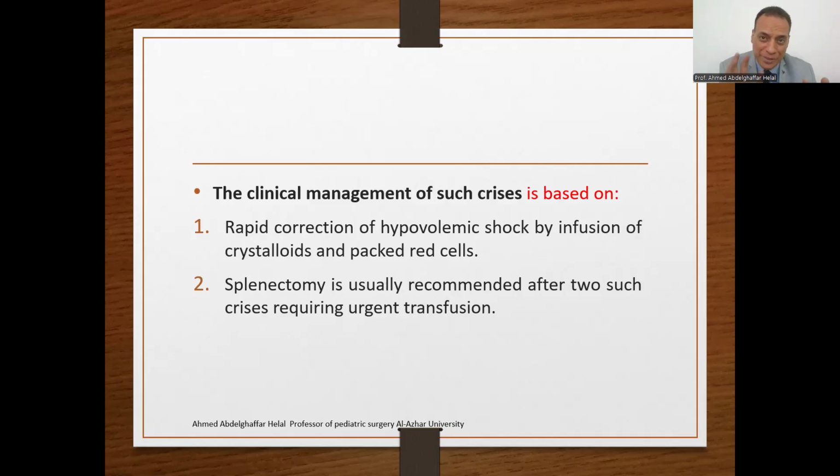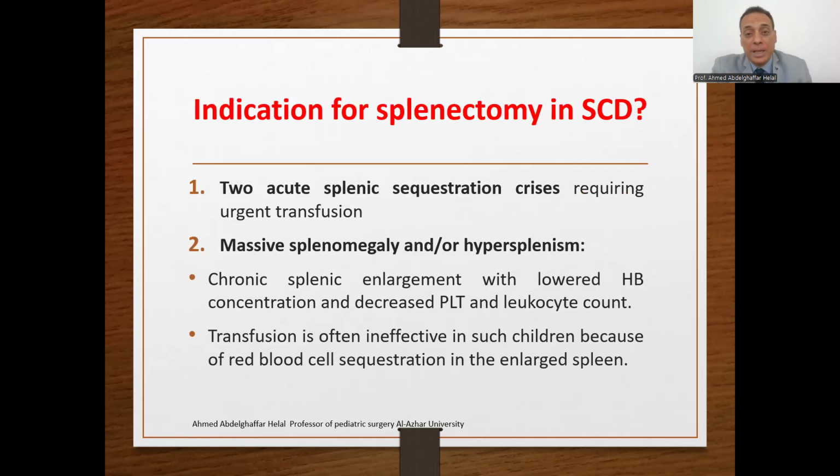So you should understand the pathology, what happens with the abnormal hemoglobin, or what happens to hemoglobin S, and the condition leads to sickling, vascular occlusion, obstruction, infarction. The indication for splenectomy is 2 acute splenic sequestration crises requiring urgent transfusions. So you need to remove the spleen for massive splenomegaly and/or hypersplenism.